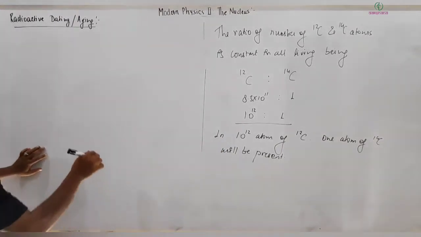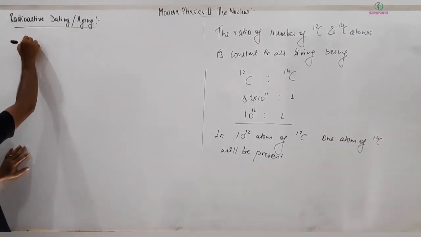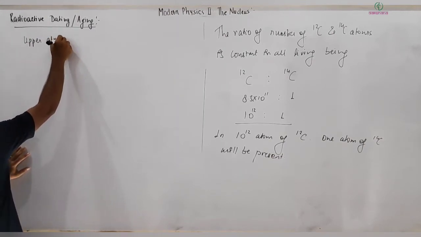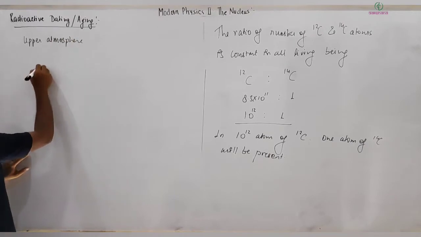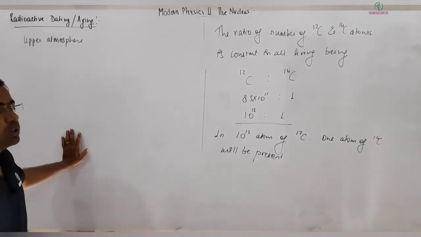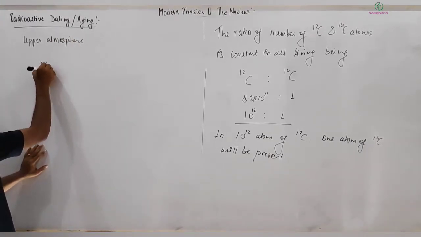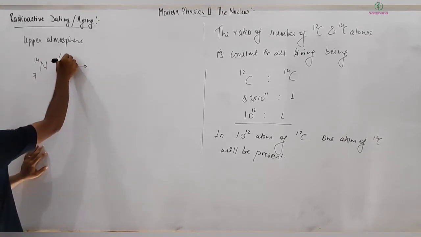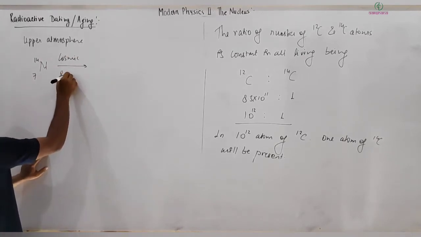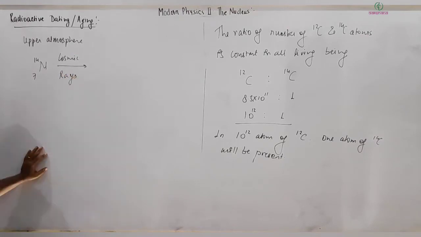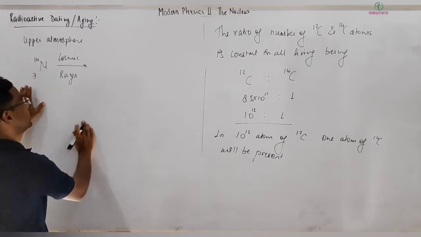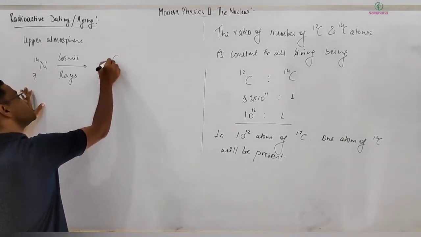In the upper atmosphere there is nitrogen, oxygen, all those things. There is nitrogen 7, 14. When cosmic radiations or cosmic rays fall on it, it converts nitrogen 14 to carbon 6, 14.